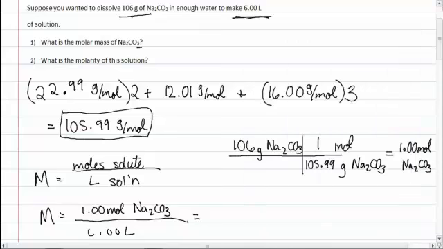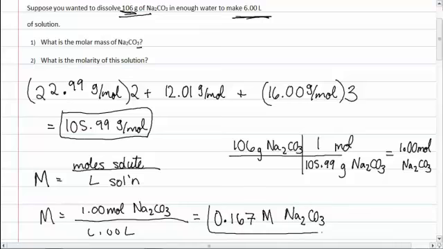Since we have 3 significant figures here for grams, 3 significant figures for liters for our volume, we only keep 3 significant figures, so we keep 0 as our placeholder and go 1, 6, and this last digit's our final one, so we're going to round it up to 7. And moles per liter we change to molar with a big M, so the solution is 0.67 molar Na2CO3, or sodium carbonate. And that is our answer for number 19.